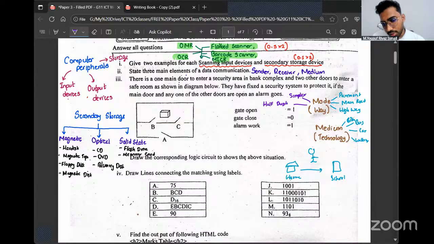Or is it traveling in both directions at the same time? That's full duplex. And the mediums are the different ways you can take the data. Data can travel through, let's say, fiber optics wire, through Wi-Fi, through coaxial cable. Those are mediums or media. Got it?